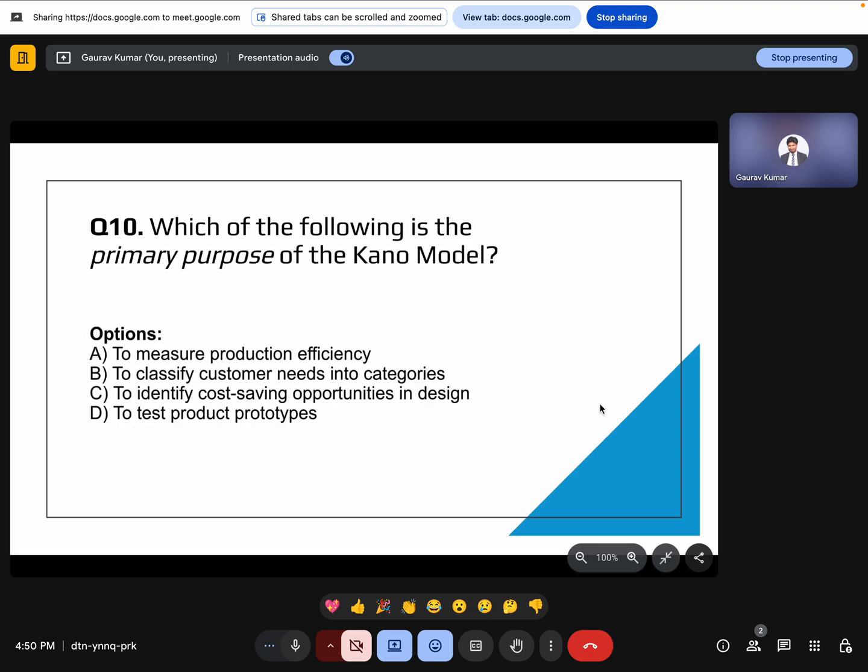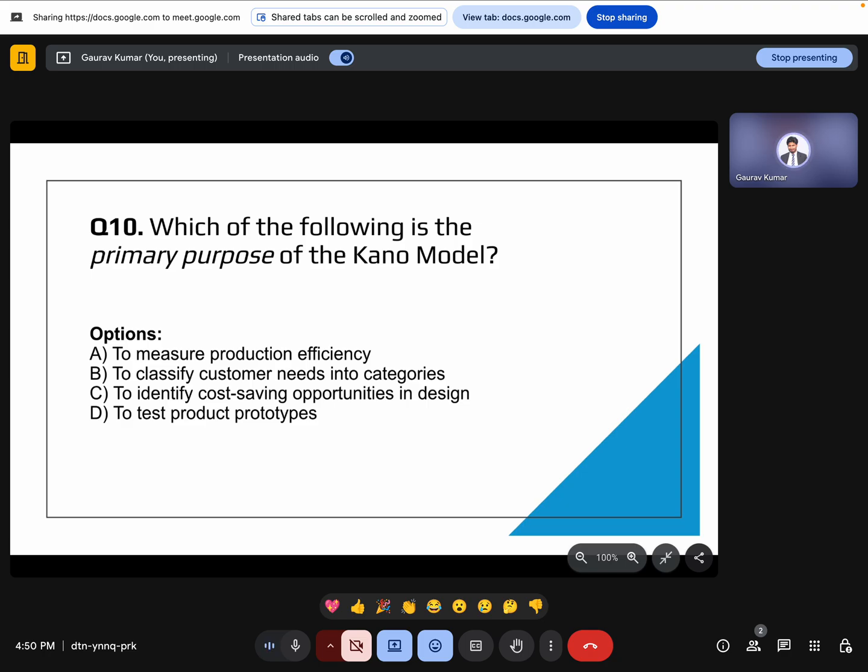Moving to ask next. Which of the following is the primary purpose of the Kano model? So the Kano model is not about efficiency or cost. Its purpose is to understand how different product features influence customer satisfaction, and it classifies needs into must-be, performance, and delighter categories.